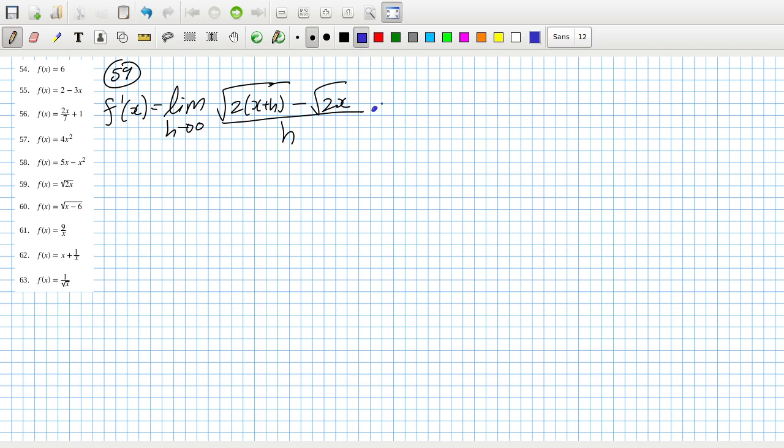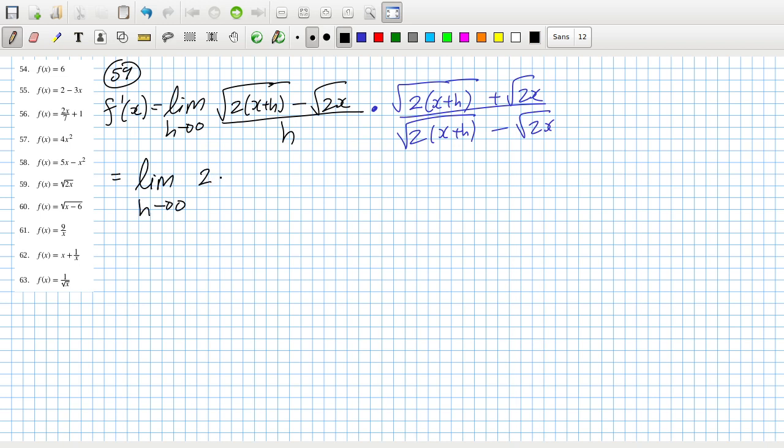I'll multiply above and below by root 2x plus h plus root 2x, and the same on the bottom, root 2x plus h minus root 2x. So that will equal the limit as h goes to 0 of 2x plus h minus 2x all over root 2x plus h minus root 2x.